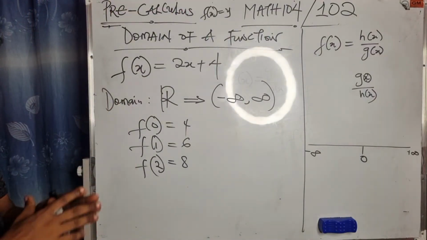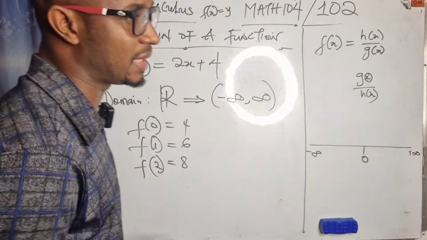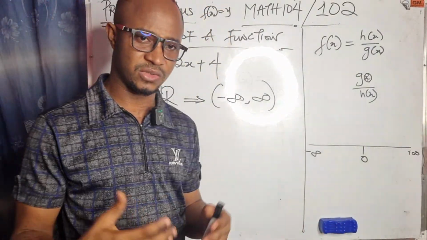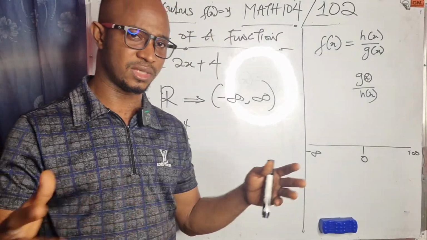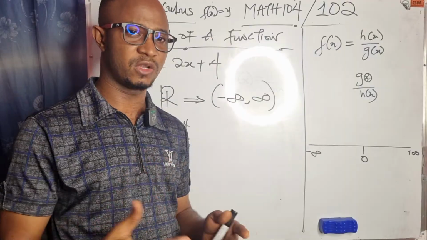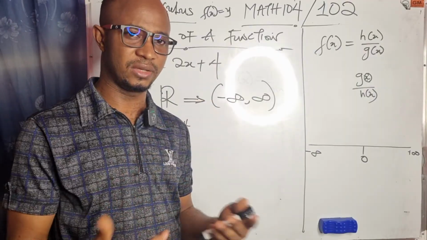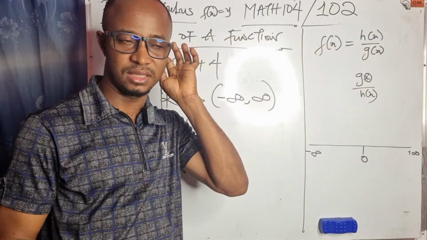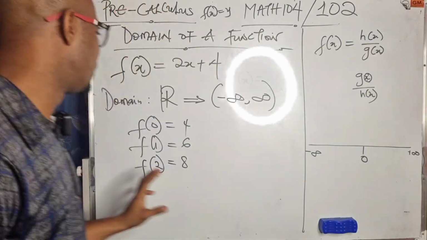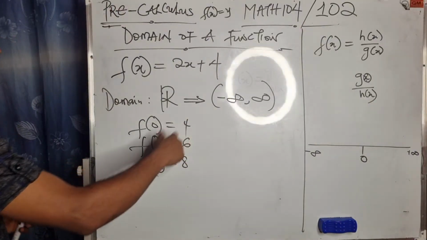All real numbers can be captured on a number line. What are real numbers? For example, -1, -2, 0, 1, 2, 3, 4, 5, 1 over 2, -1 over 2. Fractions are real numbers. Am I communicating here?